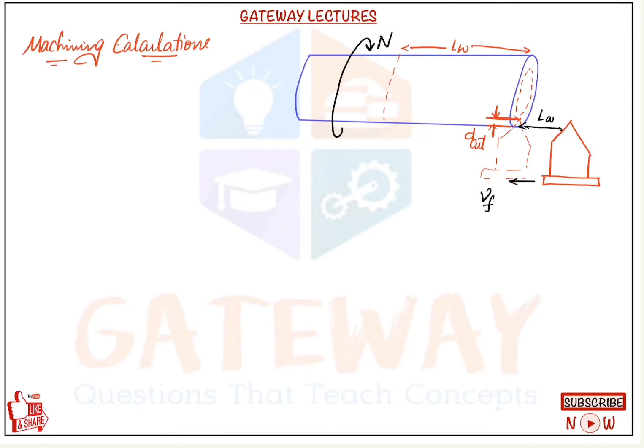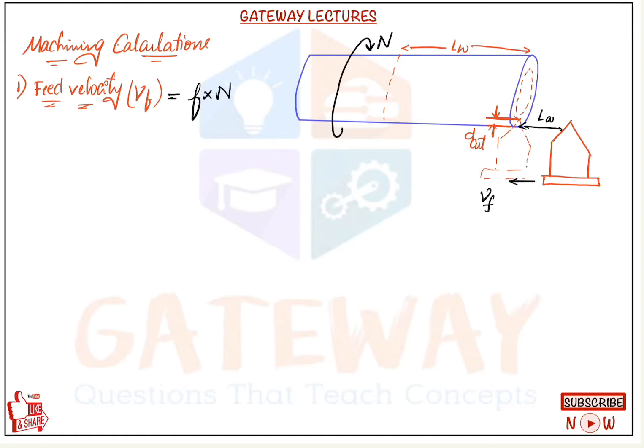Let us discuss a few terms here one by one. First comes the feed velocity, denoted by Vf, and the feed velocity is nothing but the value of feed into the number of revolutions per minute. See, always the feed is given in mm per revolution.